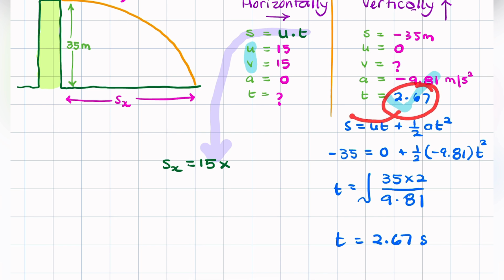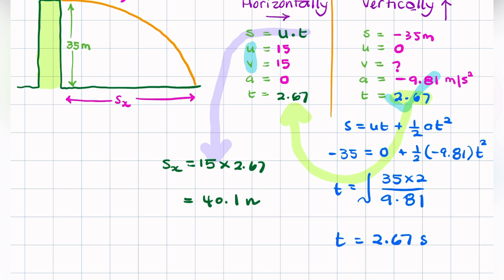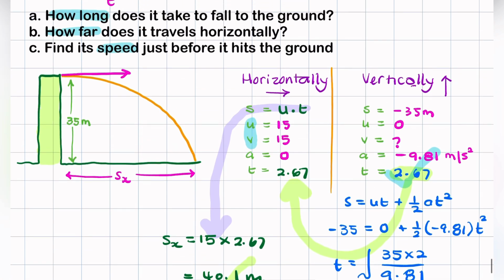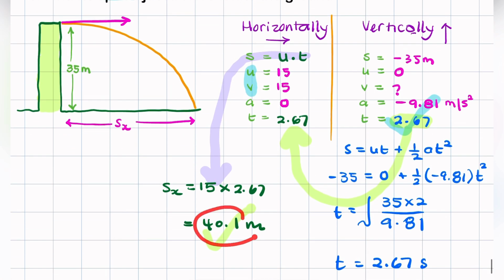We can use the same time because the time spent traveling horizontally is the same as the time spent traveling vertically. If you multiply those, you get 40.1. So that's the answer to part B. It travels 40.1 meters.